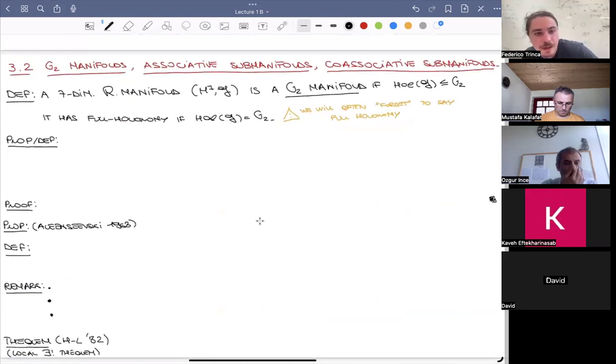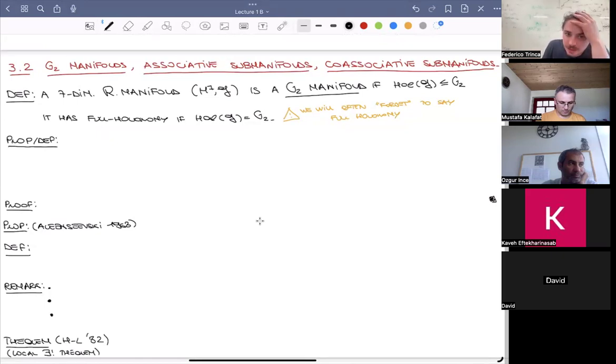Okay, I am afraid that I'm going to go a bit longer than expected, but now I've dealt with the linear algebra part of G2 geometry. I will now have a 7-dimensional Riemannian manifold, and I say that this is a G2 manifold if and only if its holonomy group is contained in G2, and it has full holonomy if the holonomy group is equal to G2.